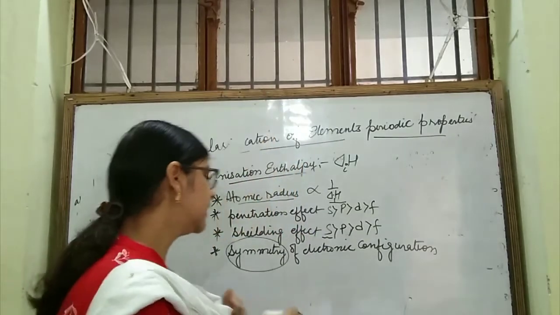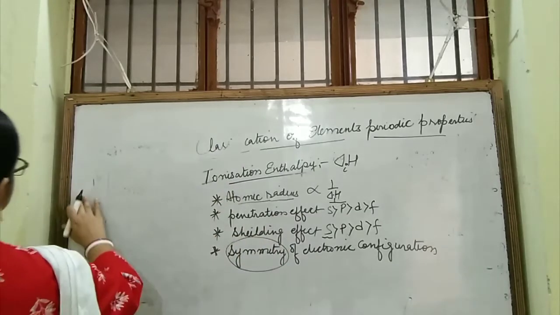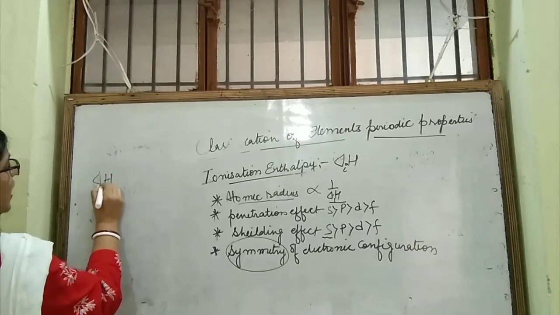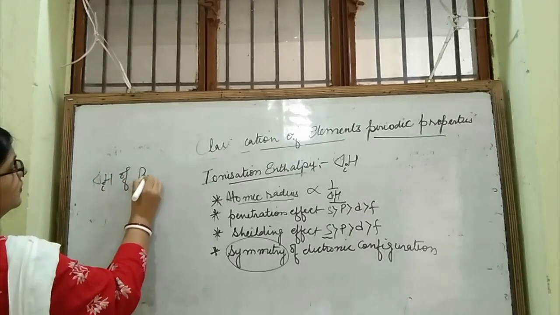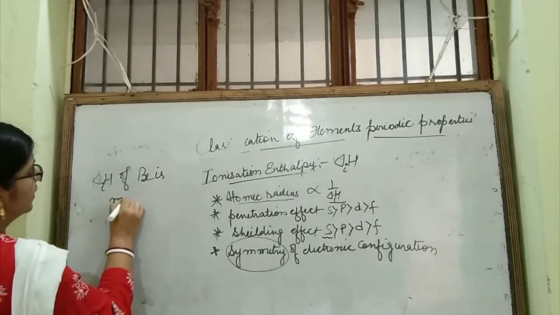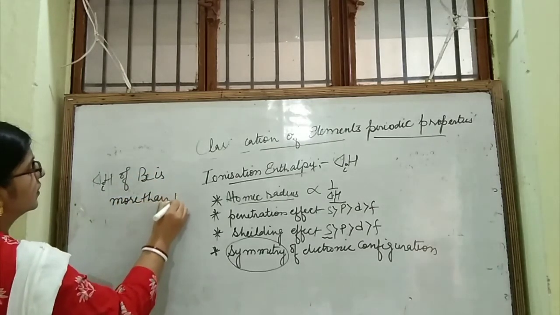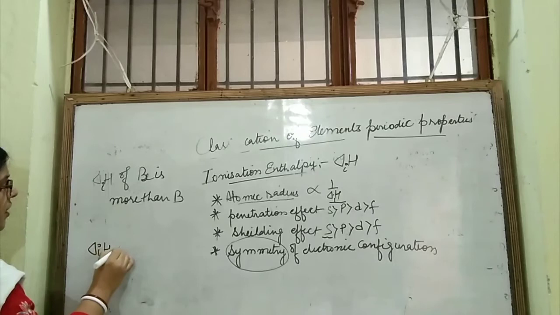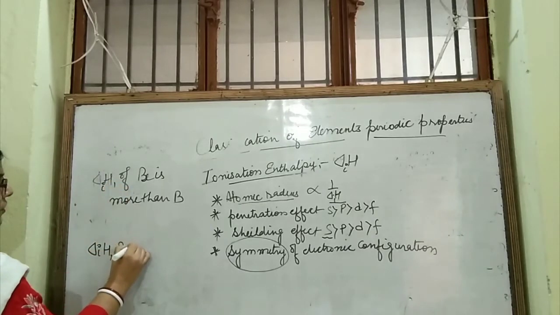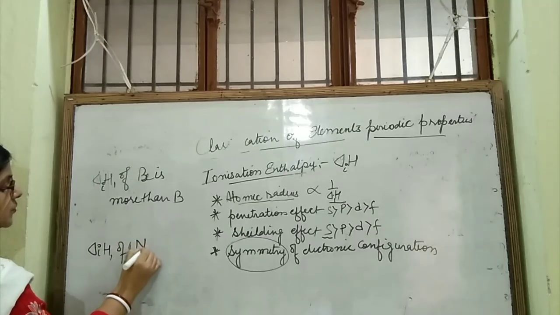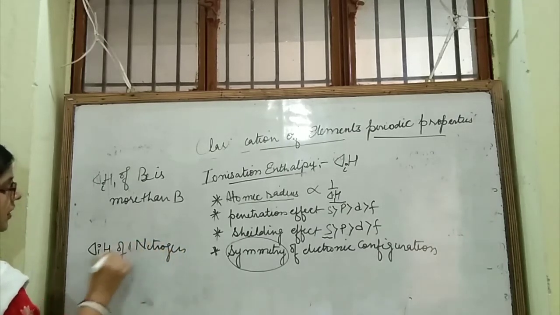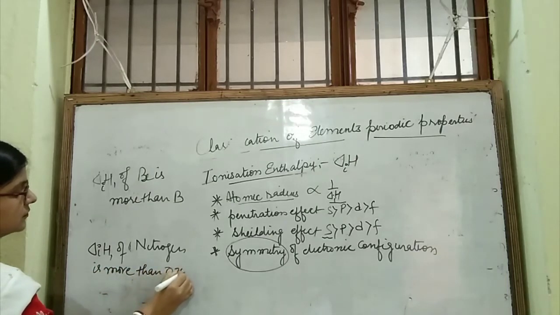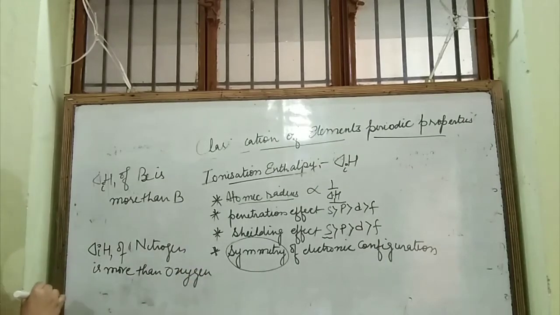Now let us take some examples to understand this symmetry of electronic configuration. If anyone asks why the ionization enthalpy of beryllium is more than boron, or why the ionization enthalpy of nitrogen is more than oxygen, we have to check the configuration.